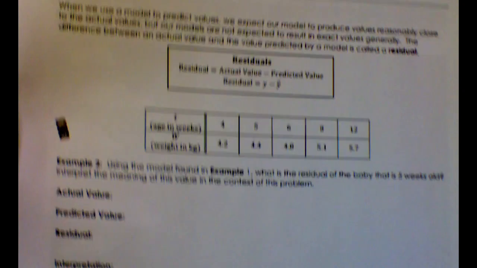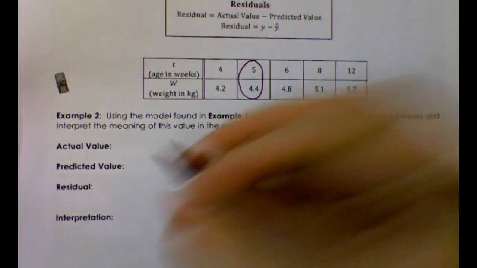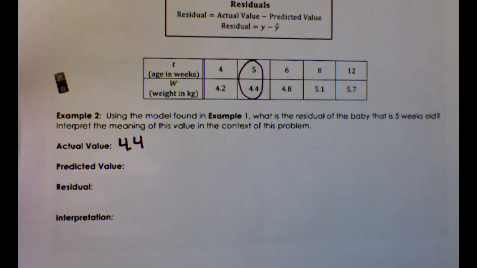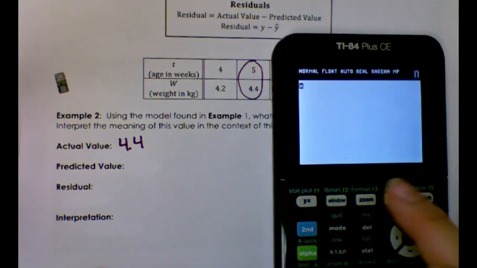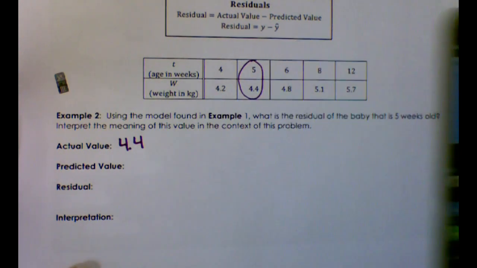So using the model we found in example 1, let's find the residual of a baby that is 5 weeks old. So the actual value is what it gave me in the table, 5 weeks old. That baby was 4.4 pounds. The predicted, I take my calculator and I choose Y1 again because my function is still stored. And I plug in 5 weeks, I got 4.47.